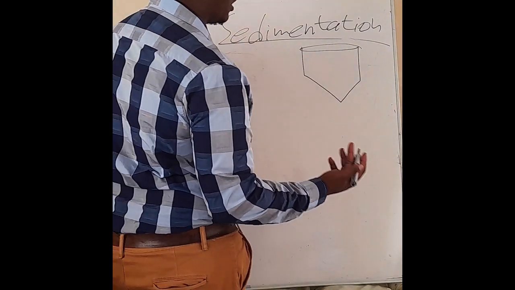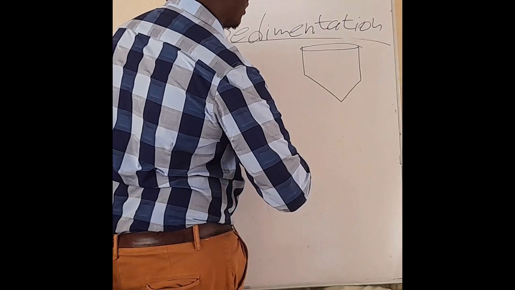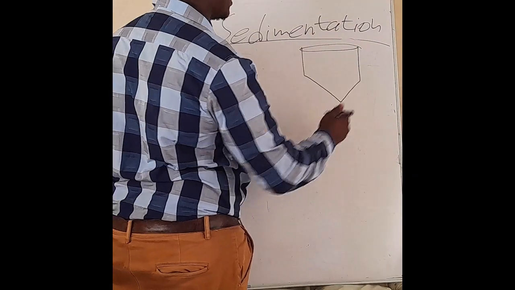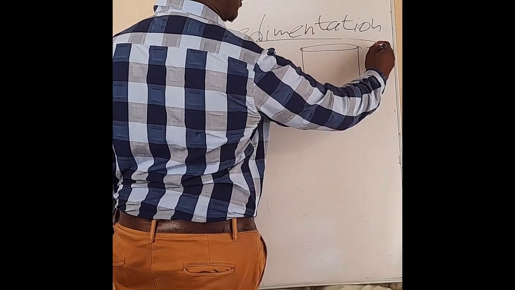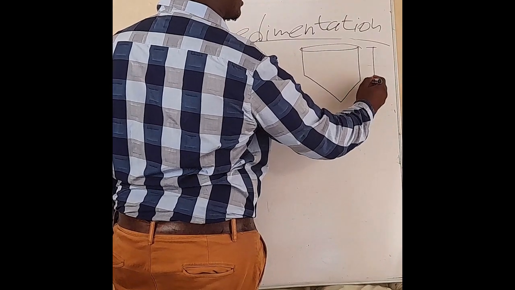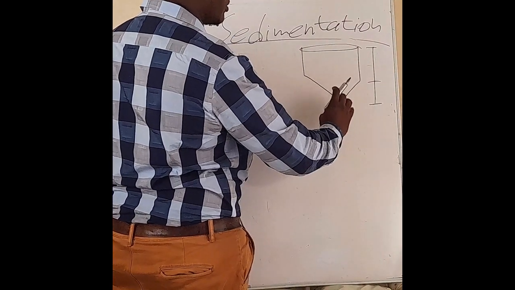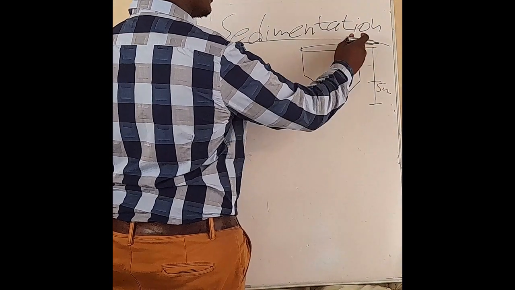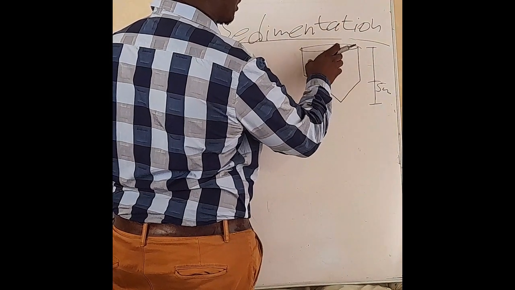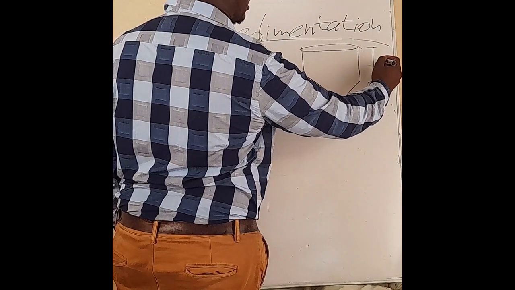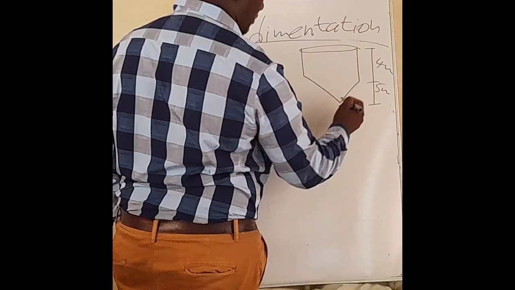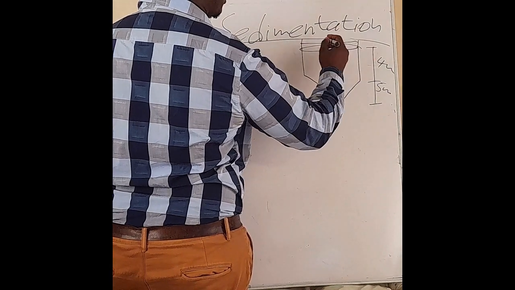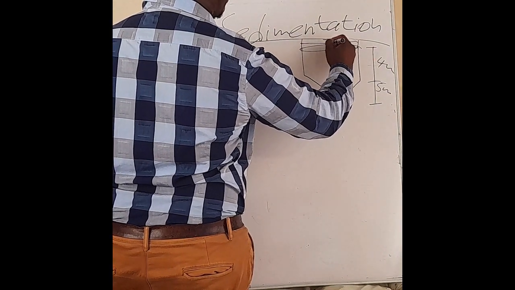And you are told in one question that you have a conical part and a circular part, and you have a length, a height. You are told that the height of the cone part of the tank is perhaps 5 meters, and the height of the circular part of the tank is perhaps 4 meters. You'll also be given the diameter of the tank. Let's say the diameter of the tank is about 7 meters.